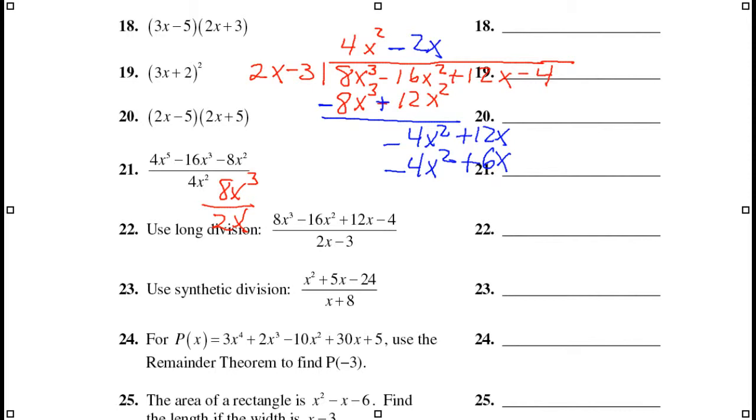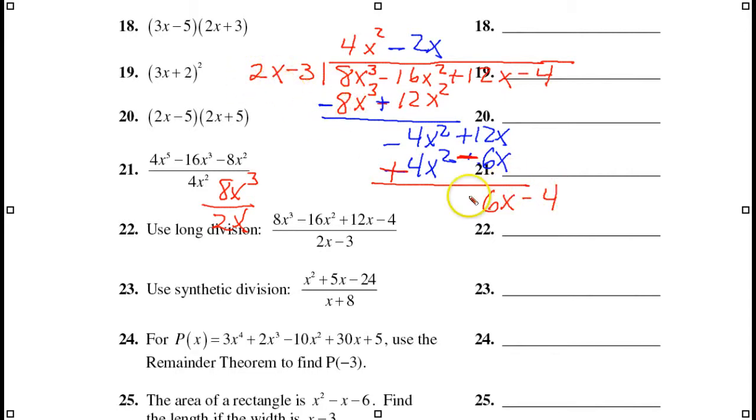Now again, this is critical. You're going to put a line, and that indicates you're going to do some subtraction, where you have to change the signs. And I should just erase that. And now we add. So this cancels out. This becomes 6x minus 4.